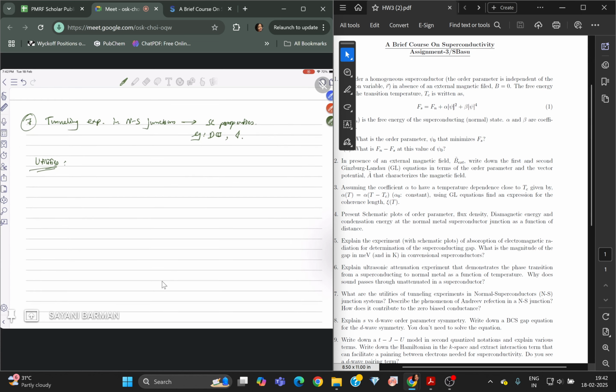Utilities, so the measurement of the superconducting gap, delta measurement. By analyzing the tunneling conductance, we can do that.